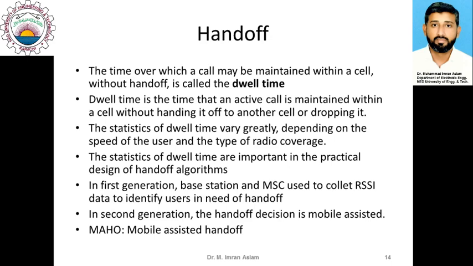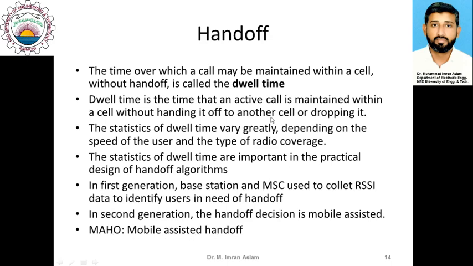However, this scenario became different in second generation and all later generations. In second generation, the handoff decision is mobile assisted. We generally call it mobile assisted handoff, or MAHO.